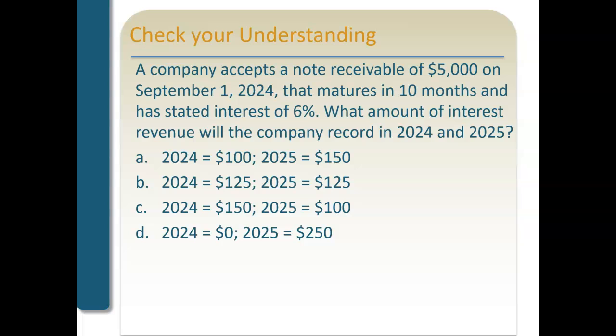September. So at the end of December, how many months? All of September, all of October, all of November, all of December. 4 months.